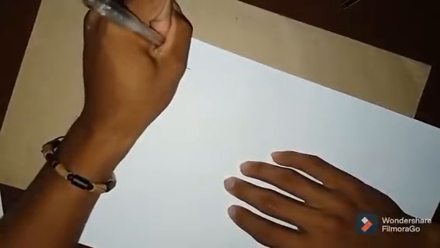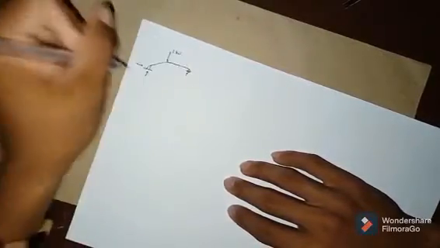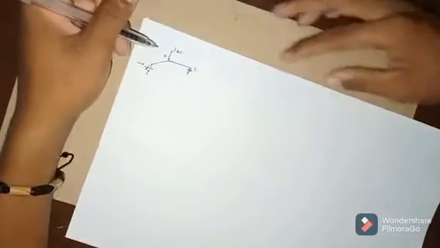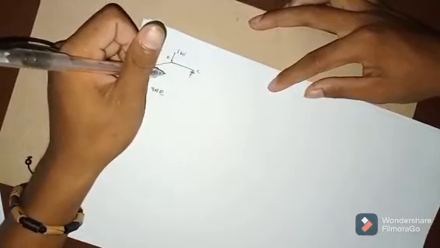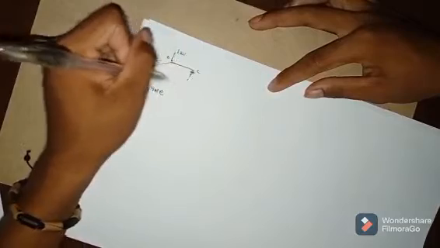So 1 kN, and it has a horizontal, vertical na reaction. C, B, and A. So first thing, just like the previous, we could take the moment to find the reactions, the value breakdown. So summation of moment at, i-fill out mo natin yung mga details.